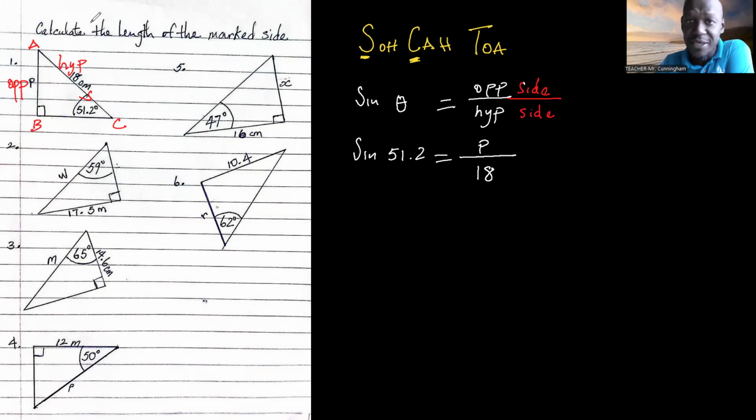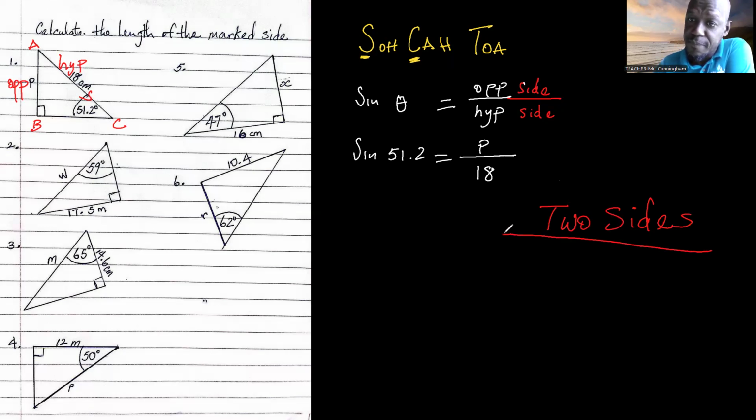So the two sides that we are looking for, Shania, is what? What are the two sides we're looking for, Shania? The hypotenuse and the opposite. No. How do I know that those are the two sides?